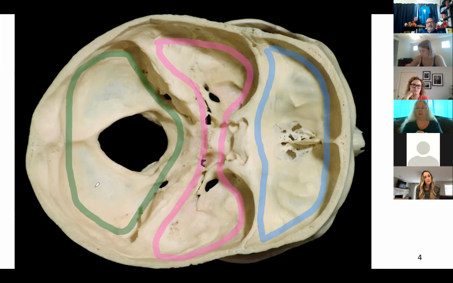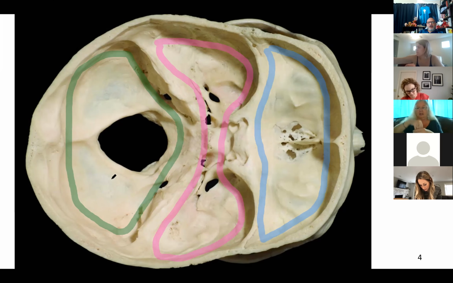So how do you think we identify these three indentations? Anterior, middle, posterior cranial fossas, right? A fossa is an indentation. So we have our anterior cranial fossa, our middle cranial fossa, and our posterior cranial fossa.